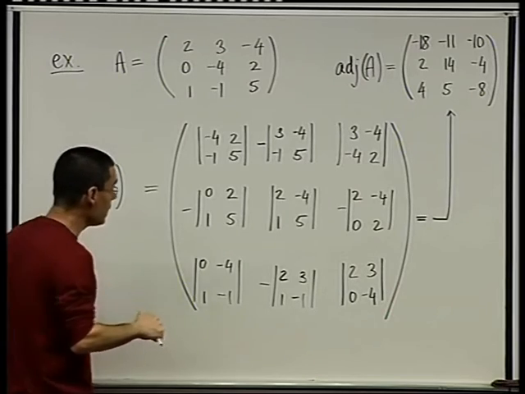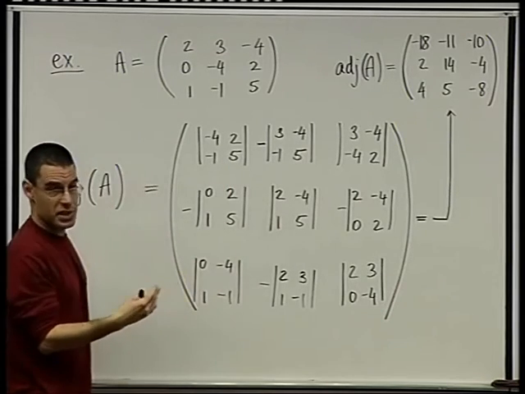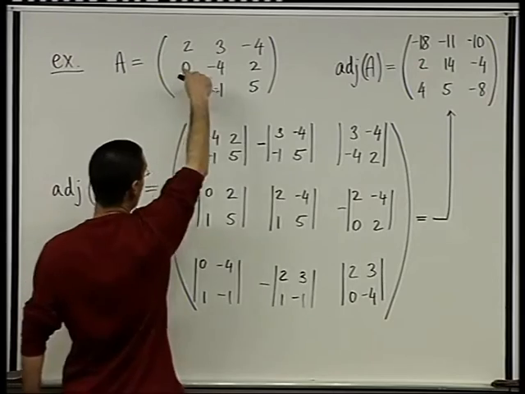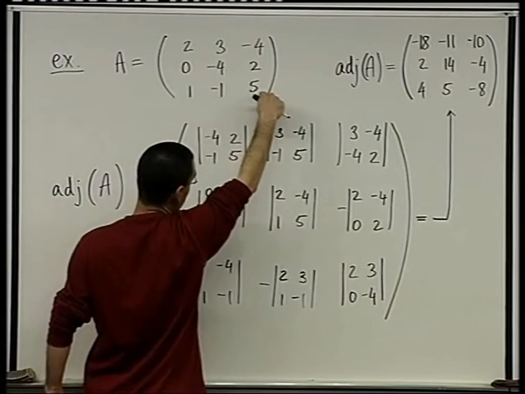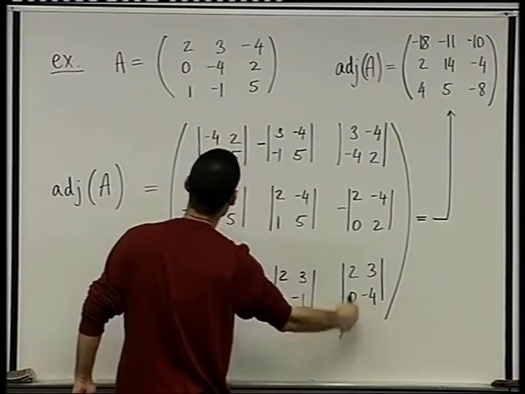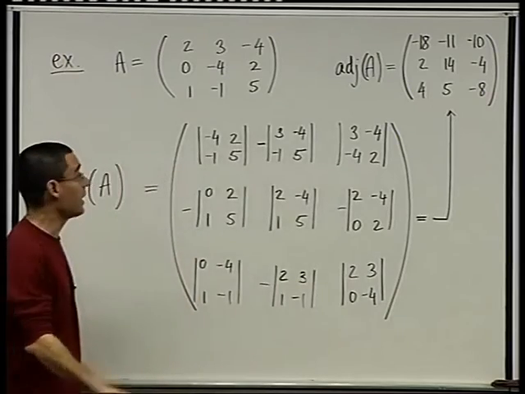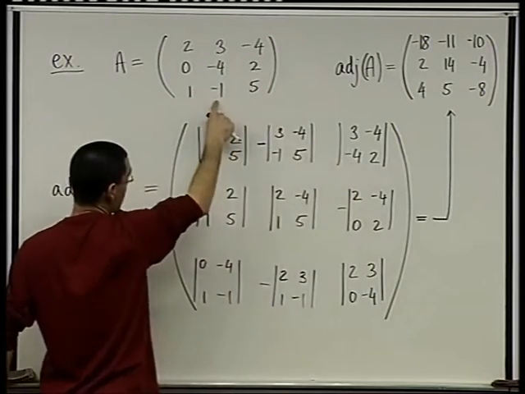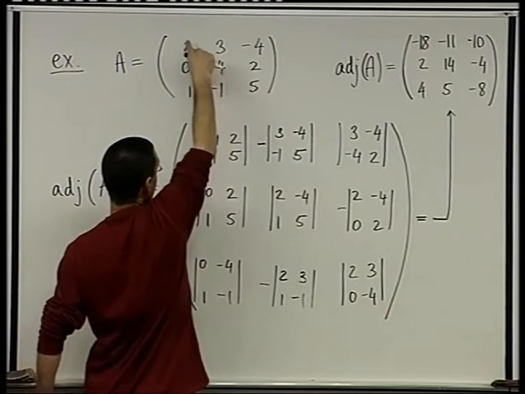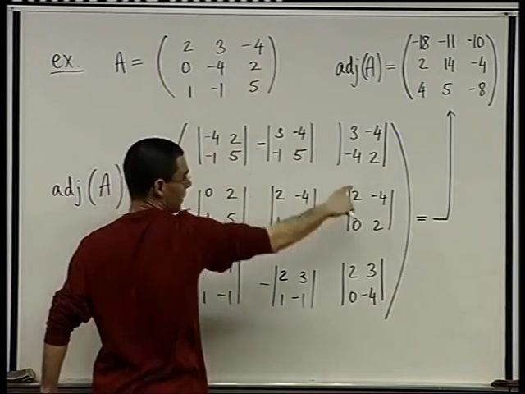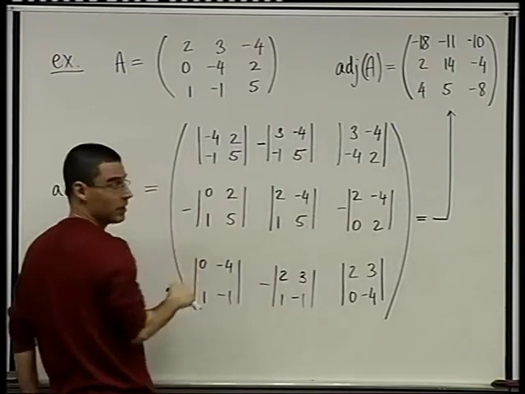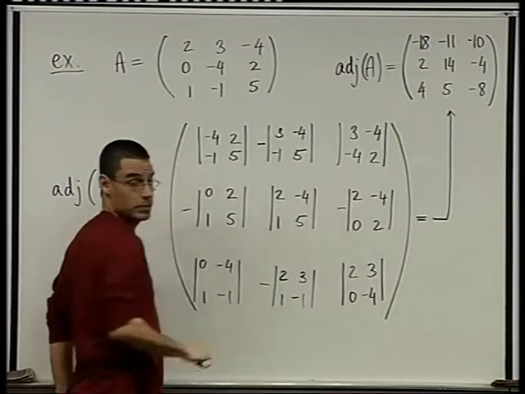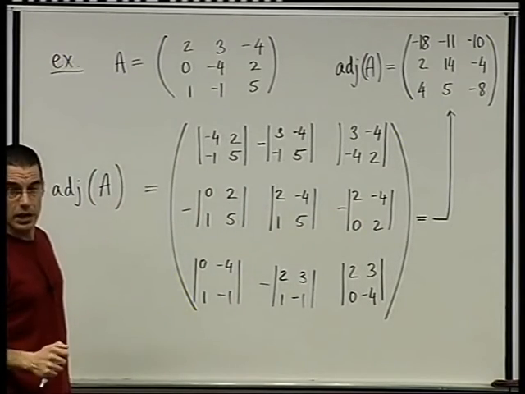So do you agree that even beyond this example, when you take, for example, row 3 times column 3, you get precisely the determinant of A? 1 times this minor, there it is, plus negative 1 times this minor, there it is, in a minus sign, which is sitting here exactly for that reason, and so on.